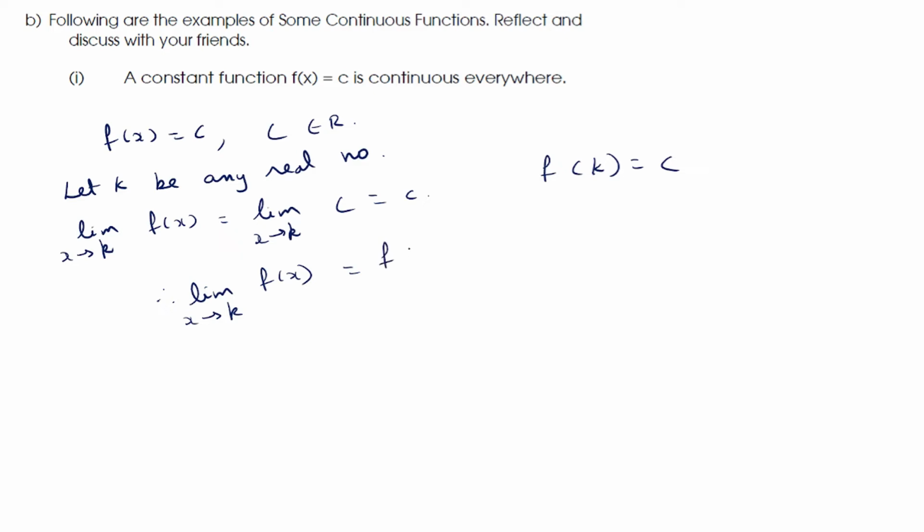Therefore f is continuous at k, that is at every real number. So we can say that a constant function f of x equal to c is continuous everywhere.